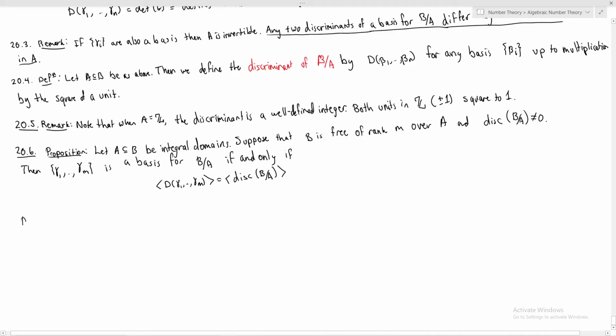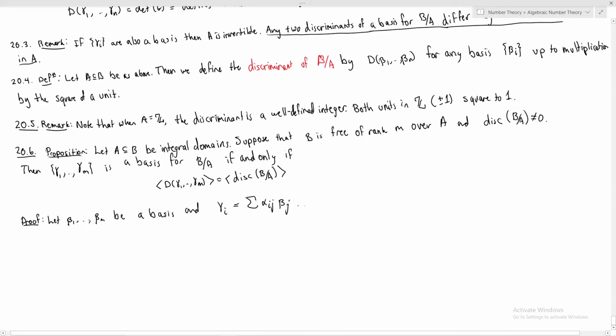Okay, so let's go ahead and prove this proposition here. We're going to let beta 1 through beta m be a basis, and we're going to write gamma i equals the sum of alpha ij beta j.